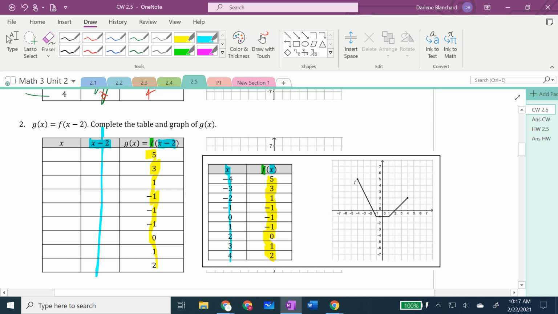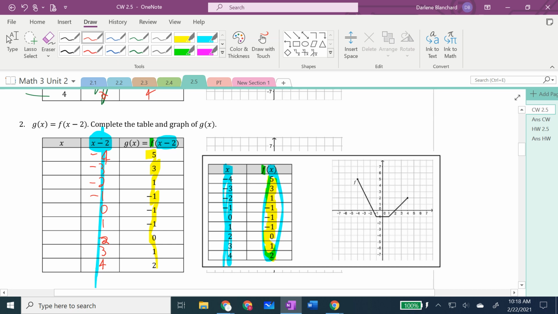So what it's saying is, if you have x minus 2 values, and that's what's going into your function, and you already know that this is the relationship, these go in, boom, these come out, then this column must be this one. So we're going to write that column in: -4, -3, -2, -1, 0, 1, 2, 3, and 4.